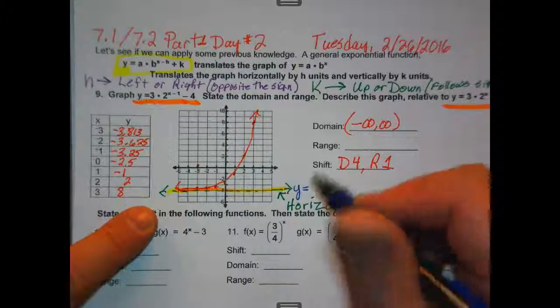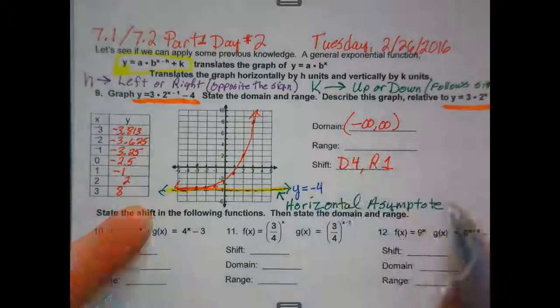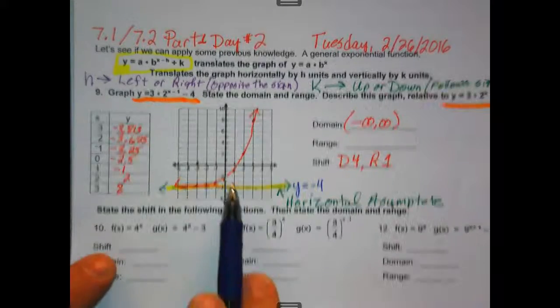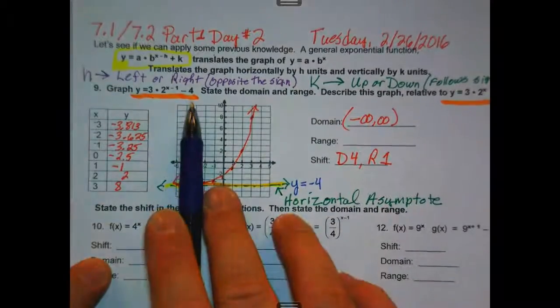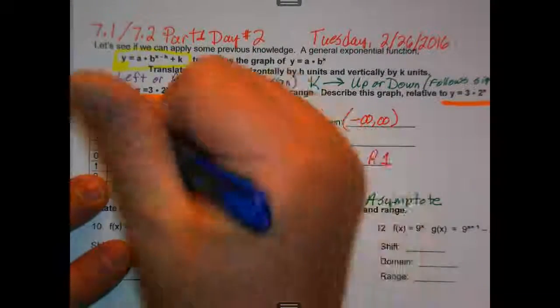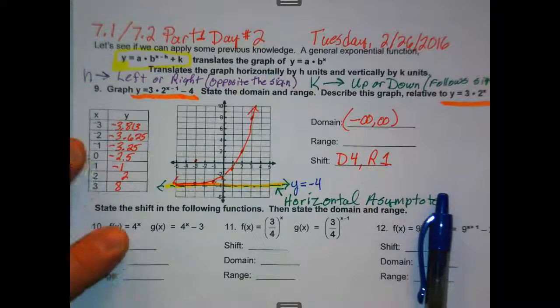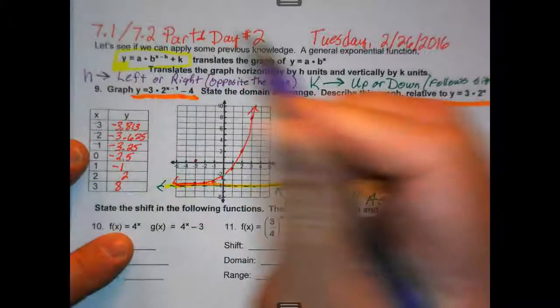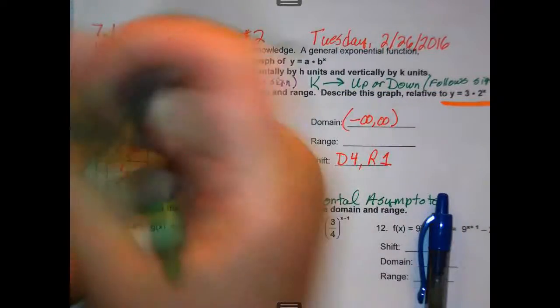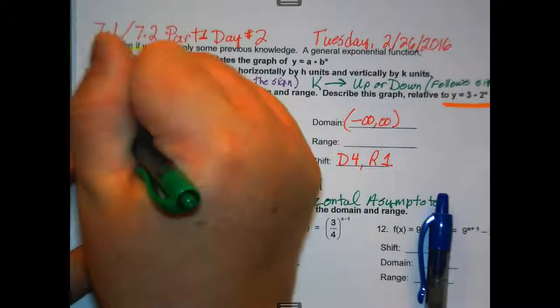Negative 4. Very good, Blake. Y equals negative 4. So it never touches negative 4. Are you seeing a pattern? Okay. What's your K here? K is negative 4, right? What's my H, by the way?